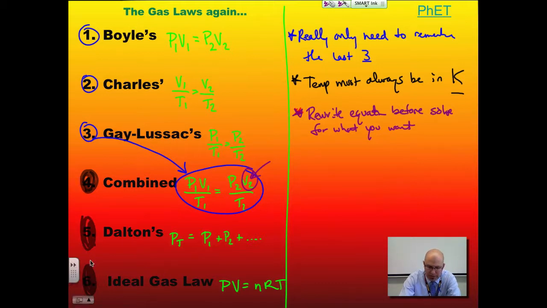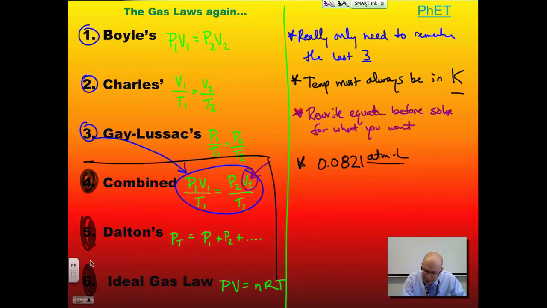Then when it really comes down to it, it's using these equations, remembering the 0.0821 atmosphere liters per mole Kelvin. Now notice I did mention that we always must have Kelvin for all of these temperatures.